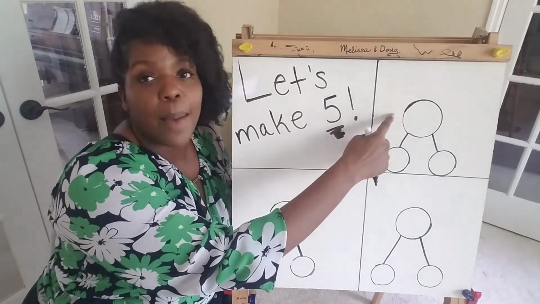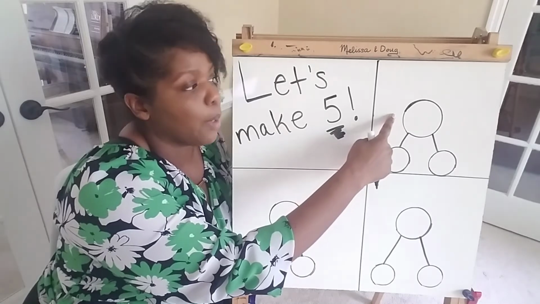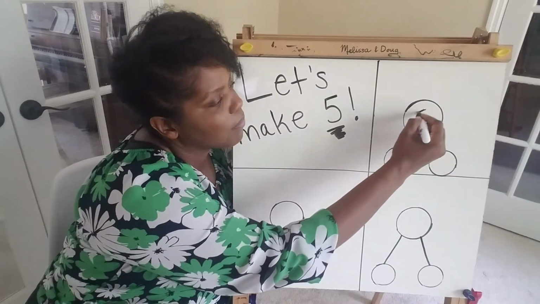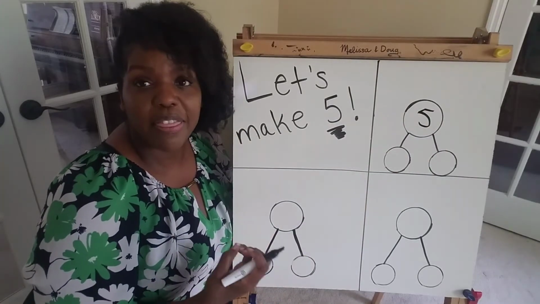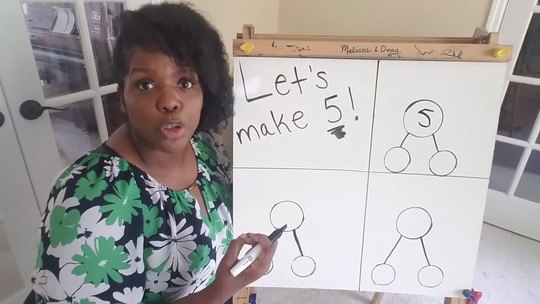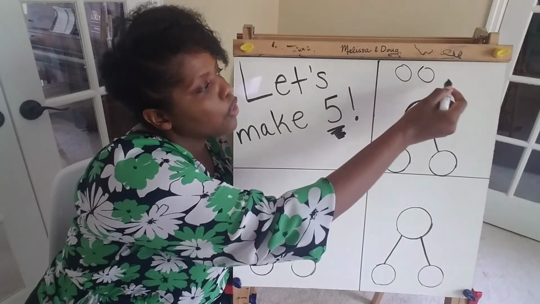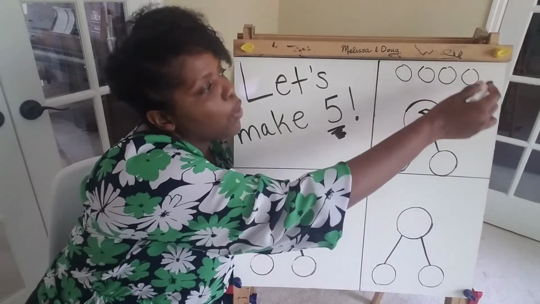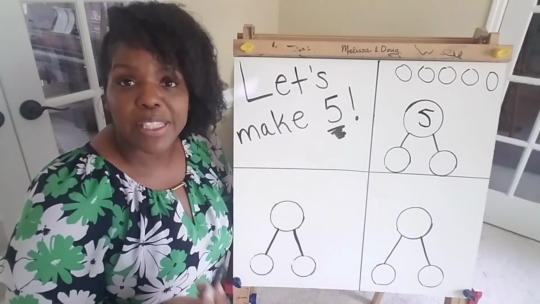So in the top bubble of our number bond, I am going to write the number 5. Also, to further help me with the visualization, I am going to draw 5 circles. Help me count. 1, 2, 3, 4, 5. So I have 5 circles here.